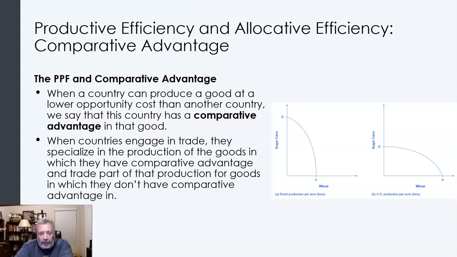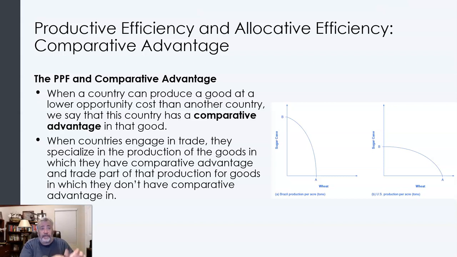So I mentioned earlier why we want to calculate the opportunity cost. In other words, what you're giving up. So here we have a situation where Brazil and America are producing sugarcane and wheat. Now you'll notice that America can produce more wheat than Brazil can, assuming the scales are the same on both of these. And likewise, Brazil's producing more sugarcane than America is. Now there's something called an absolute advantage.